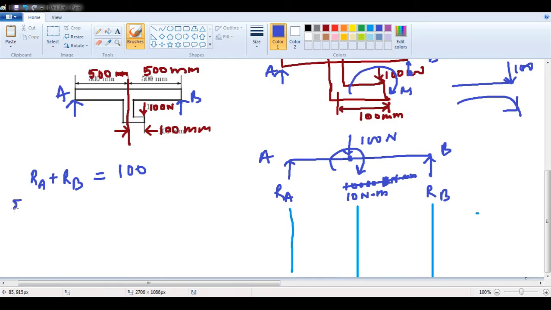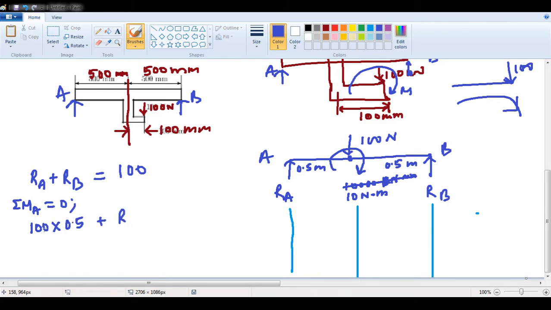Now if I take moments about A equal to 0, what I get is 100, which is at a distance of how much? 500 mm. This is what? 0.5 meter. So this is 0.5 plus, this is 100.